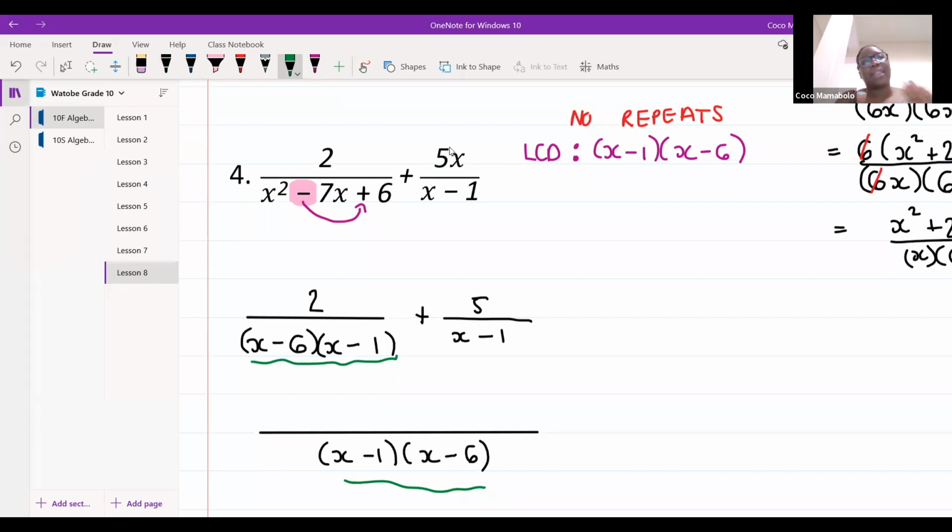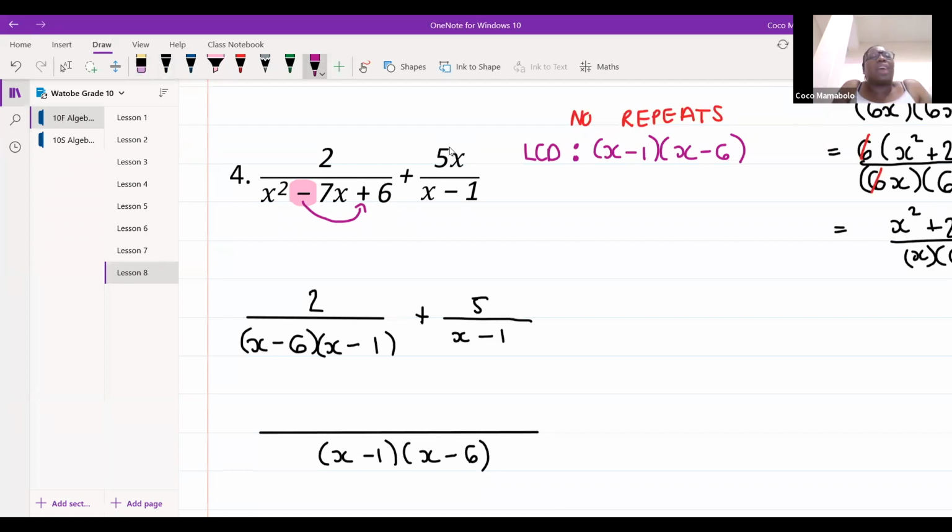Yes or no, guys? That's right, Funzo. No, there's nothing missing. We have an x minus 6 and we have an x minus 1. So I don't have to do anything to my LCD. I don't have to multiply my LCD by anything.